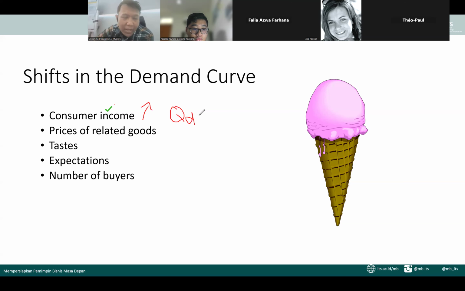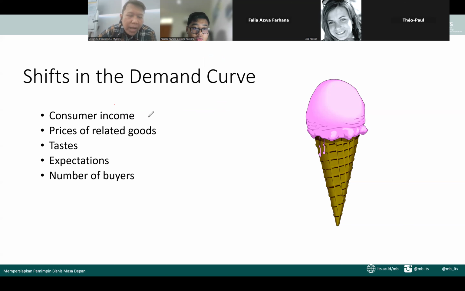At this point, we only consider normal goods. We will later on differentiate between the goods, but for now, let's assume that we have normal goods. So when we have an increase in income, usually we demand more. Let's say ice cream. What will happen if we have an increase in income?